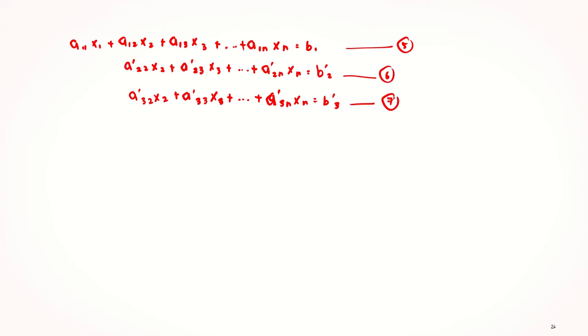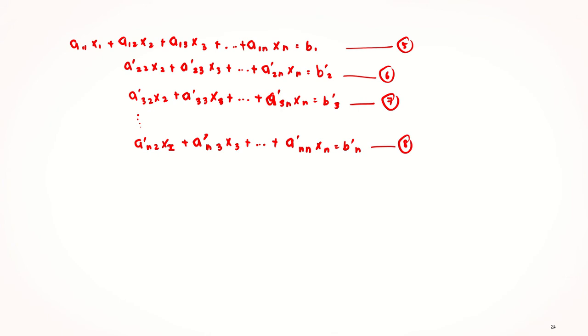So this is equation 7, and if we try to continue it until the nth equation, we will get this: a prime n 3 x3 plus dot dot dot plus a prime n n x n equals to b prime n. So this is equation 8.